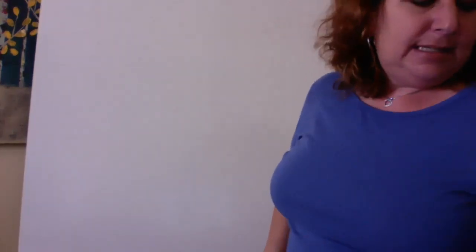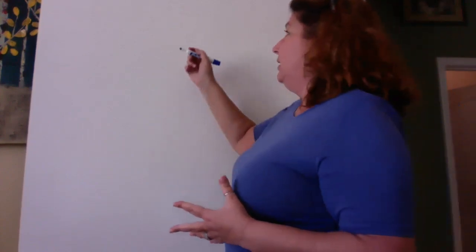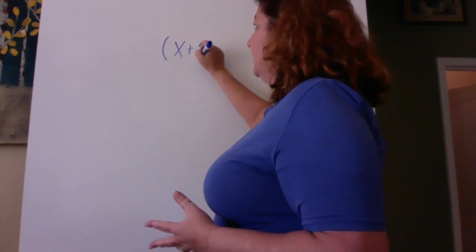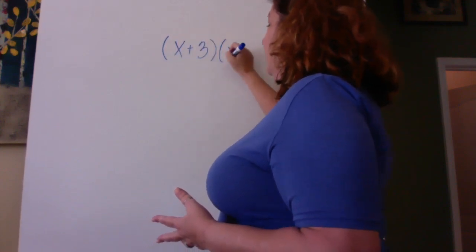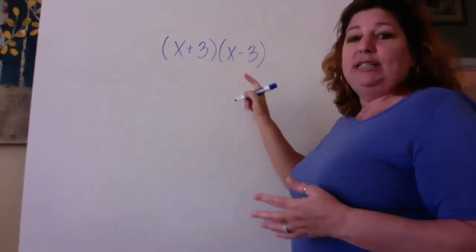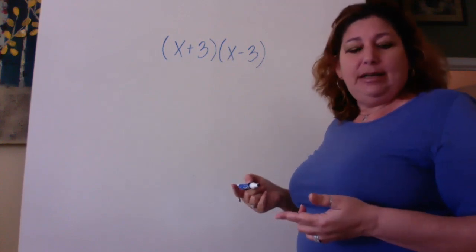Okay, so the first case is if I have a pair of binomials that have the same constant, but one's positive and one's negative. So I have x plus 3 times x minus 3.